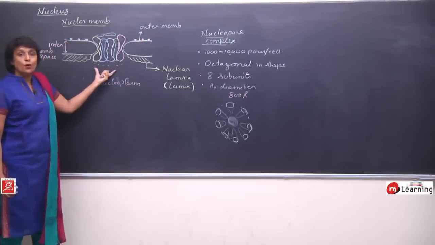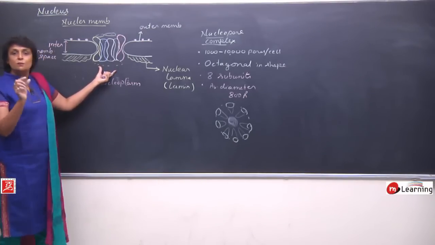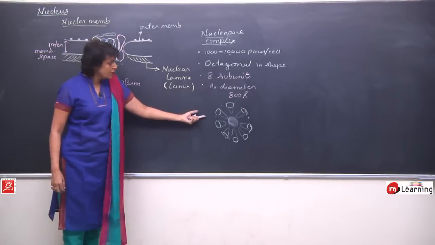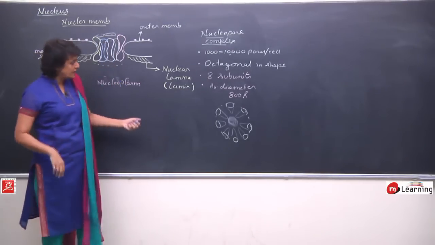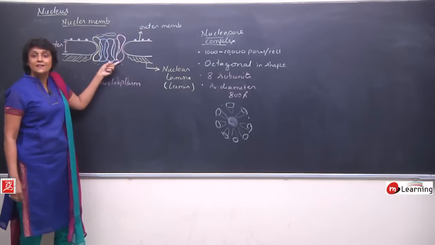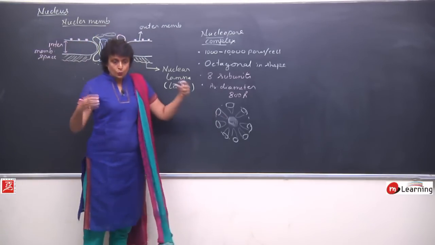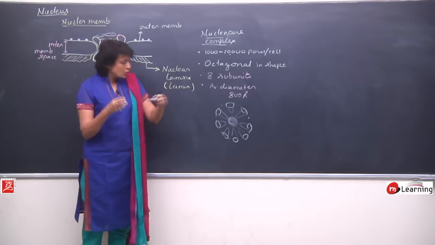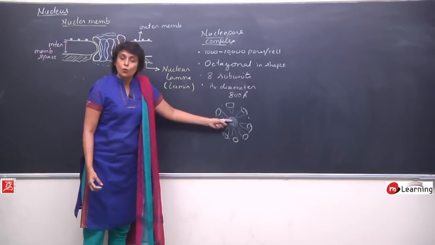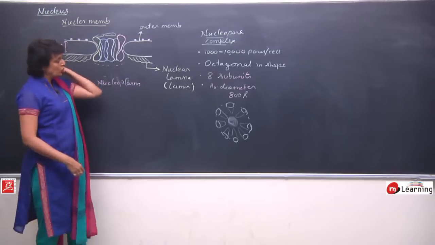So this nuclear pore complex, it is known as nuclear pore, but it is not a simple opening in the nuclear membrane. It is a complex structure which is made up of 8 subunits. Each subunit is exposed on the cytoplasmic as well as the nucleoplasm part, and each one has a spoke which is going in the center. So the lumen is narrower and there is a channel protein which acts as a water channel protein. So substances can go through it.